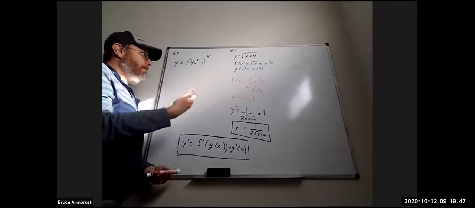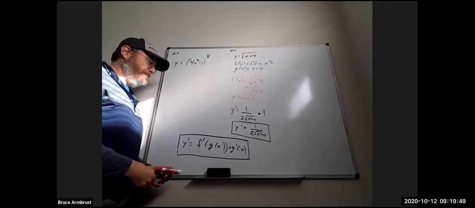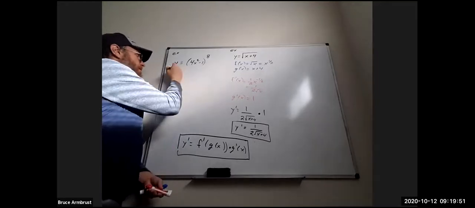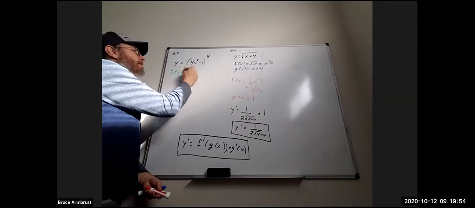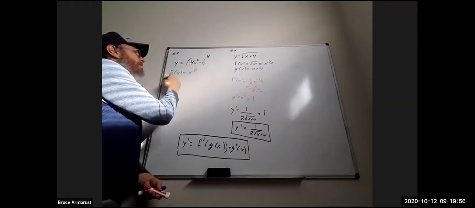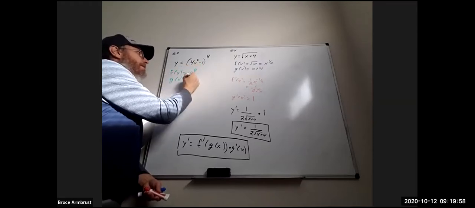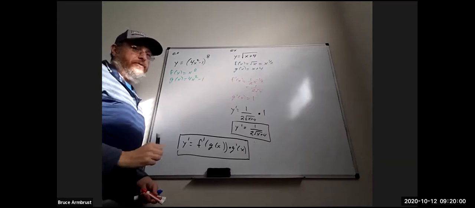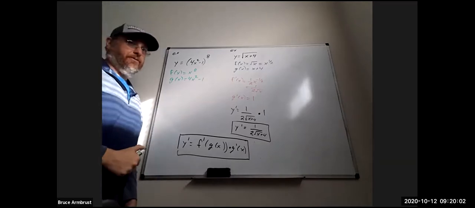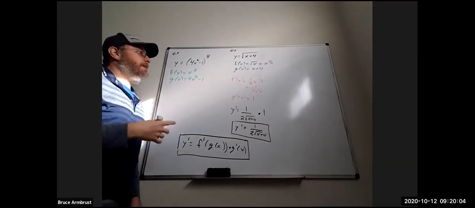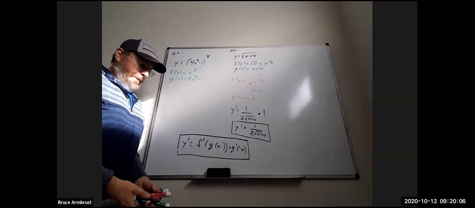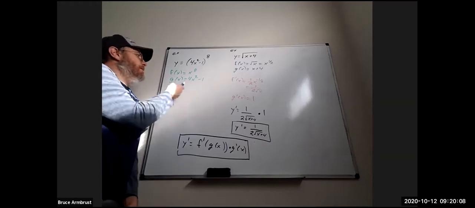Our inner function is 4x squared minus 1. You're probably getting tired of seeing me write these every time. I'm about done writing them. I think we're starting to recognize what's the outside and the inside. But we go ahead and differentiate them.